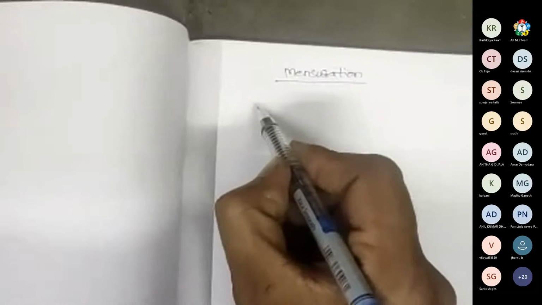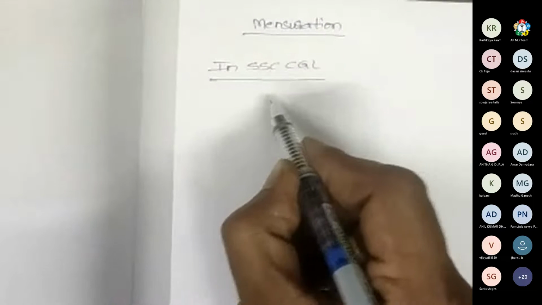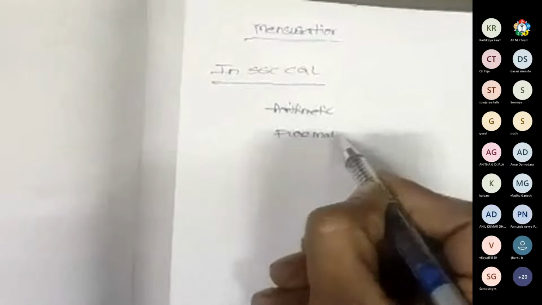See, actually, in SSC CGL, we have arithmetic and pure maths. Pure maths means advanced maths.